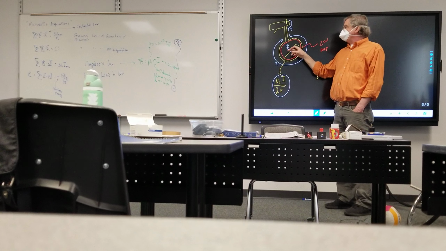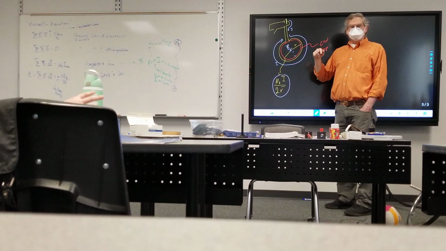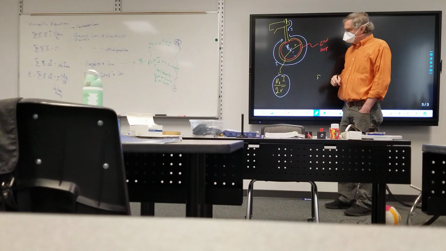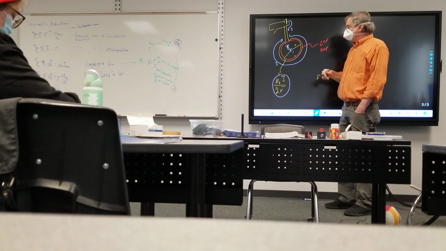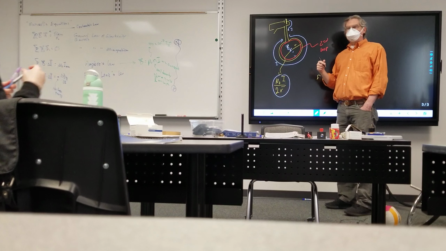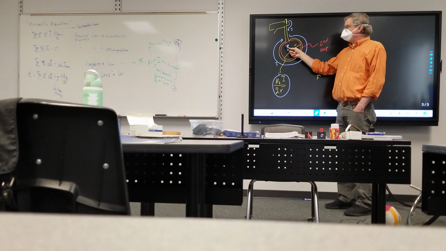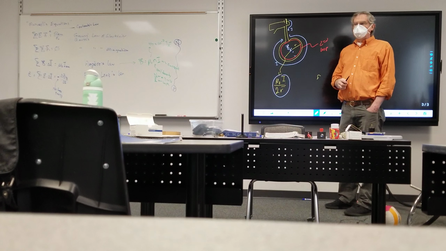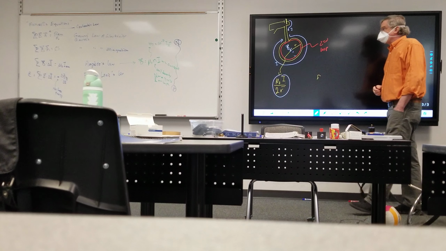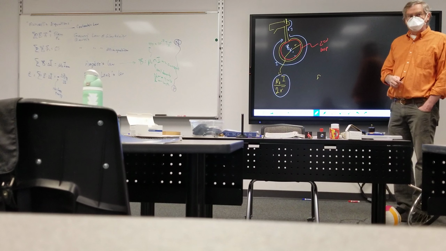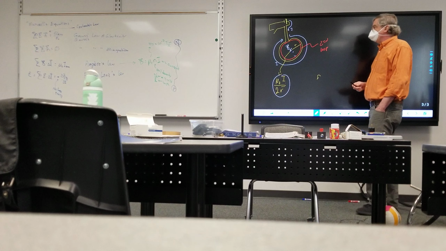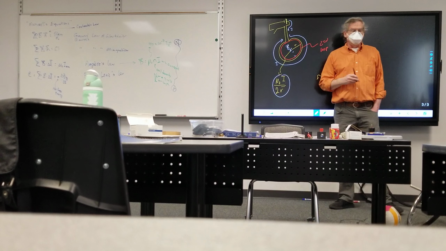Since the magnetic field is changing, that means the magnetic flux is changing. If the magnetic flux is changing, that means I am producing an EMF in this red wire, a voltage, which means I'm going to get a current flow. So the question is, which way will the current flow in the red loop?